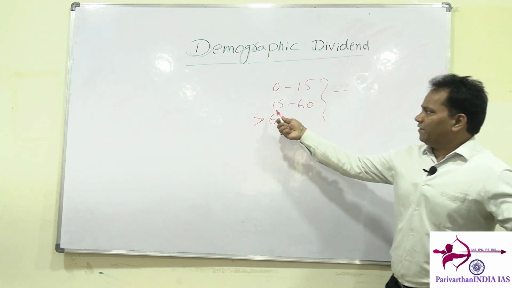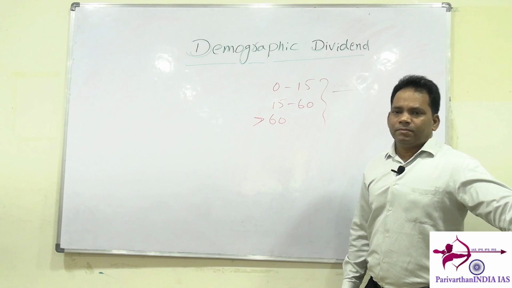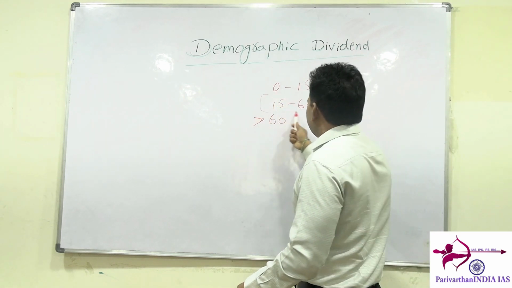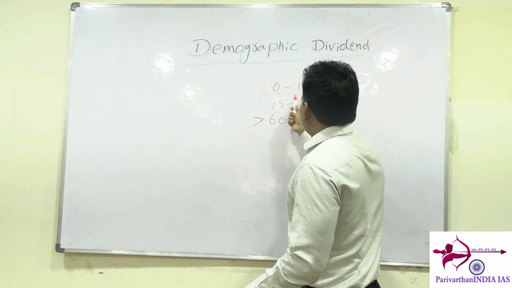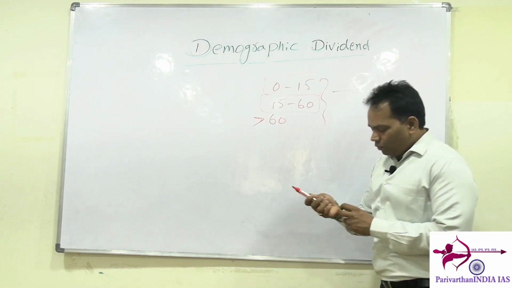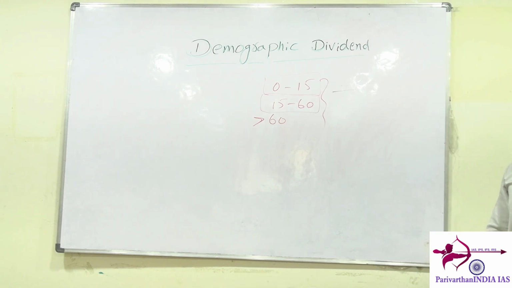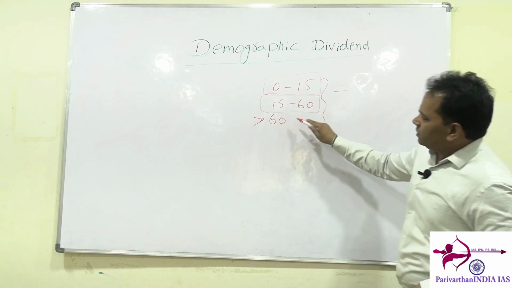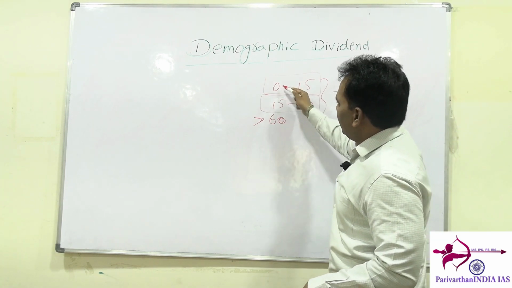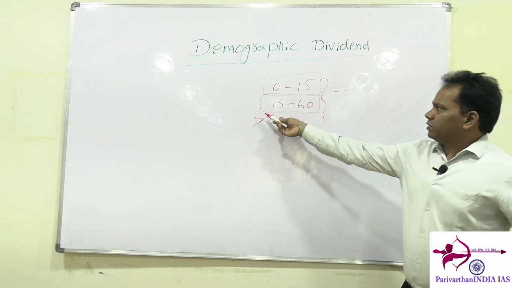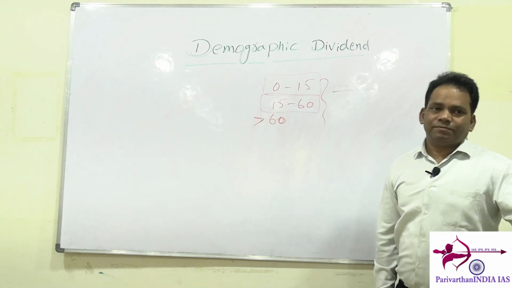Of course, it can be divided again, up to below 35. However, this group is more important. This group is also important. In mature, democratic countries like Western Europe, North America and Japan, this age group is very high compared to this one. This is reducing, this is increasing.